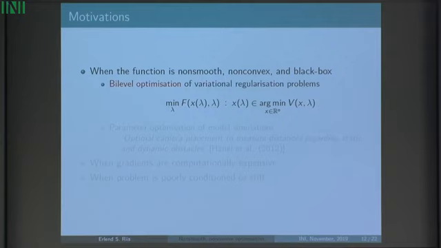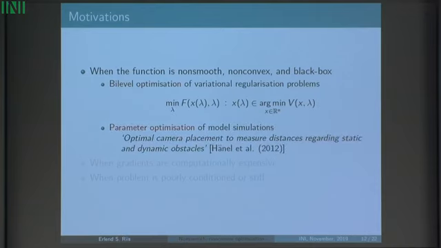If you want to optimize the parameters that go into a variational regularization model, for example, weighting your regularization terms, these can be quite difficult to compute gradients for, especially if your variational problem is non-smooth. Other parameter optimization problems that you can't easily compute gradients for, this is quite broad. One example being optimizing the placement of cameras for observing robotic behavior.